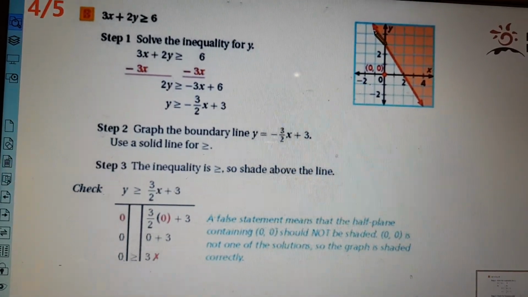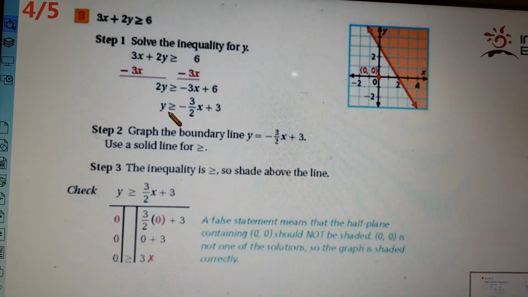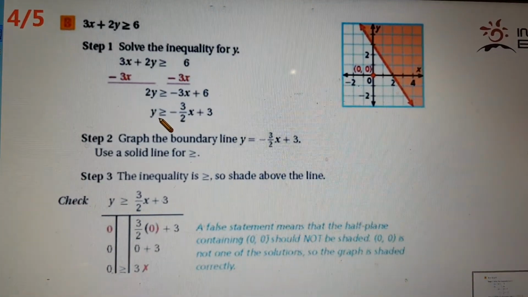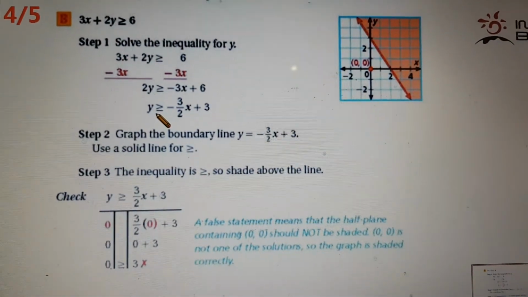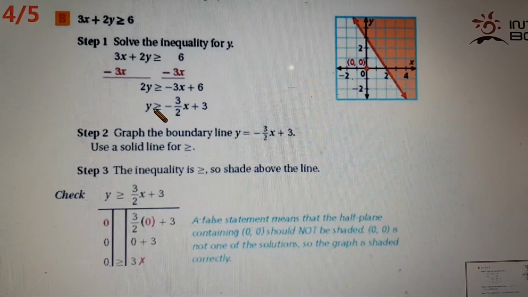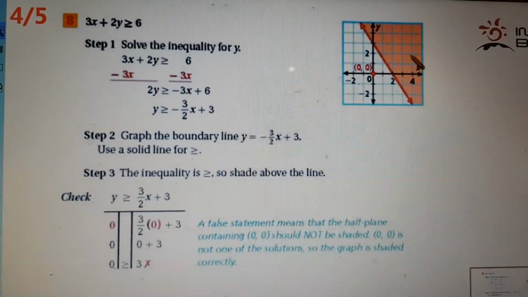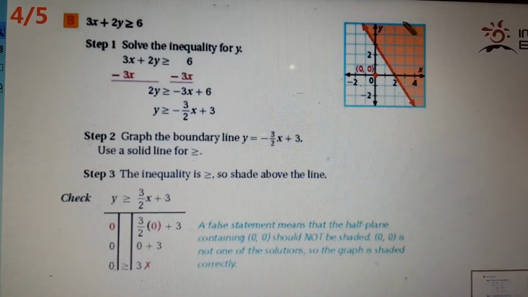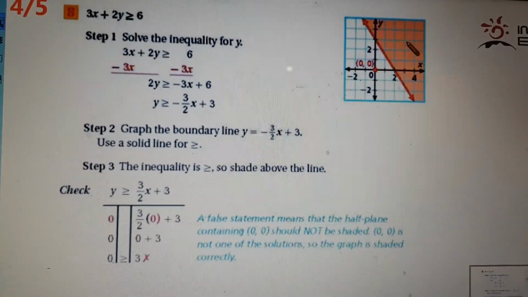Form your line. You have the equal sign, so you will draw a solid line. If there is no equal sign, you should draw a dashed line. It's more than, so we should shade above the line. Here is my solution. Any point here is my solution.